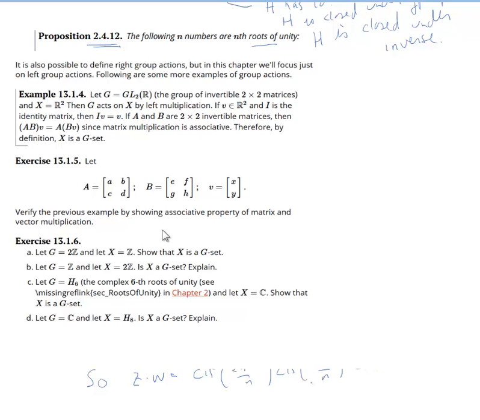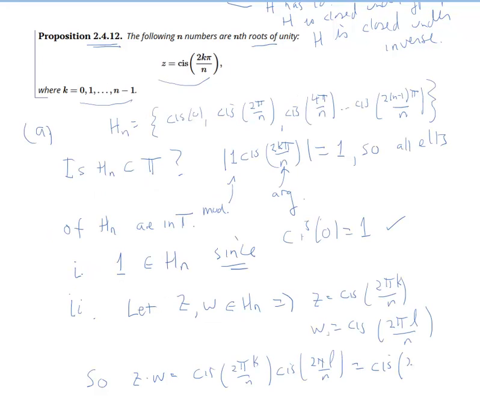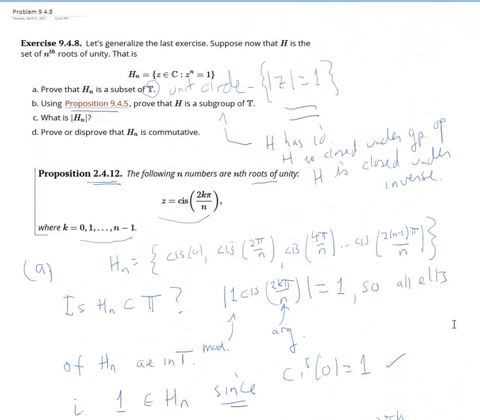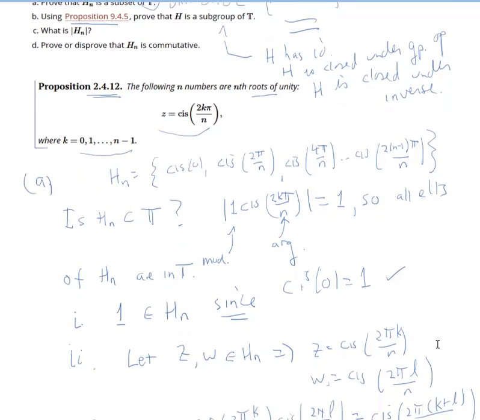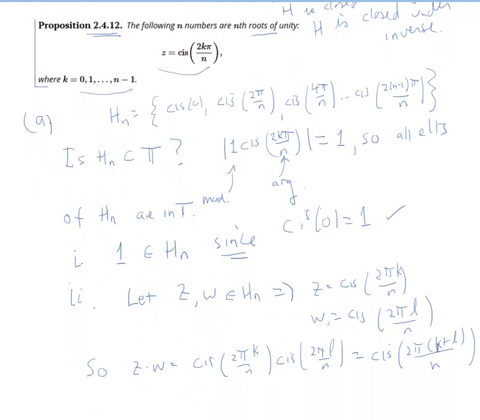So that's equal to, if you remember how cis is multiplied, the arguments add, so I have cis of 2 pi (k plus L) over n. Now, this looks pretty much like it's in Hn, but you don't know that k plus L is in the range from 0 to n minus 1.